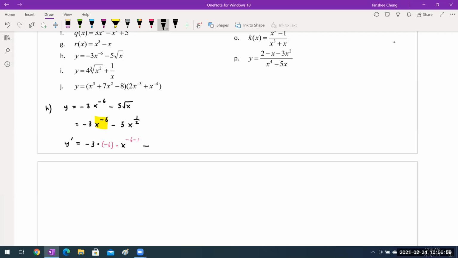Minus 5 times, because the second term also has a constant, and then we take the derivative of the power function part, which becomes 1/2 times x to the 1/2 minus 1.